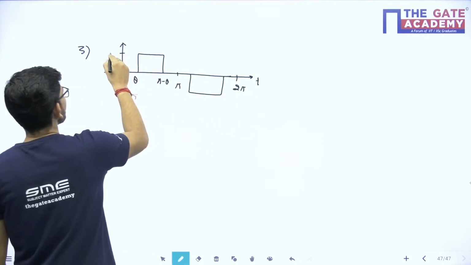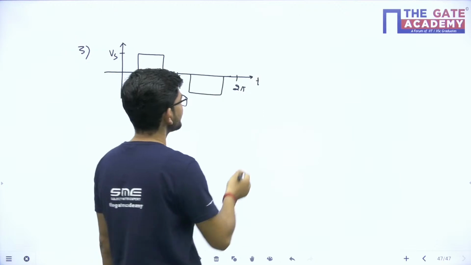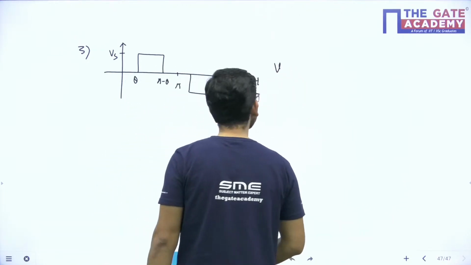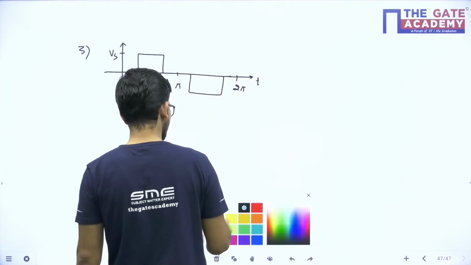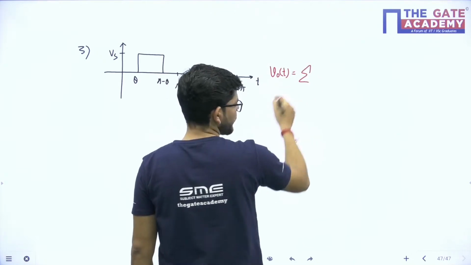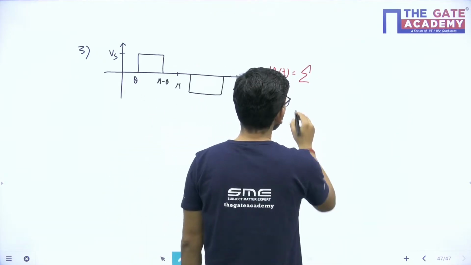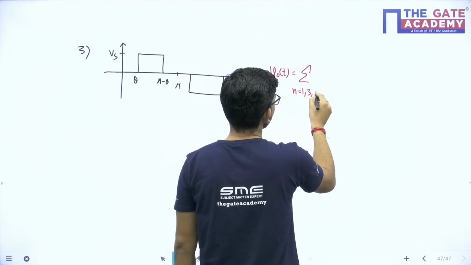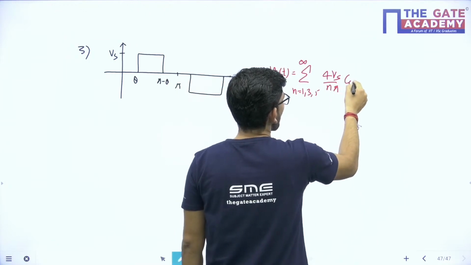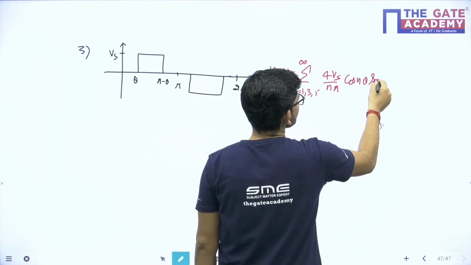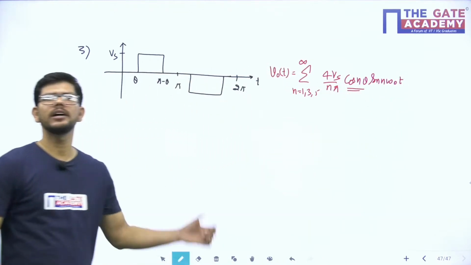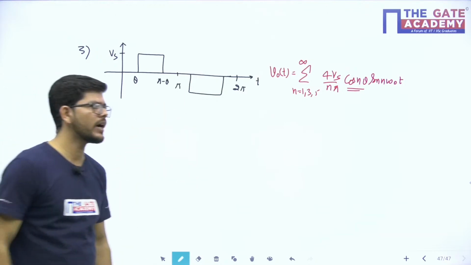Then the Fourier series of this waveform will be V naught t equals the summation for n equals 1, 3, 5 to infinity of 4 Vs upon n pi cos n theta sin n omega naught t. So this term cos n theta will come if the waveform is a quasi square wave.